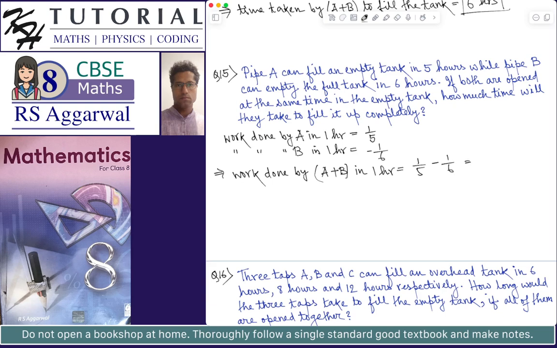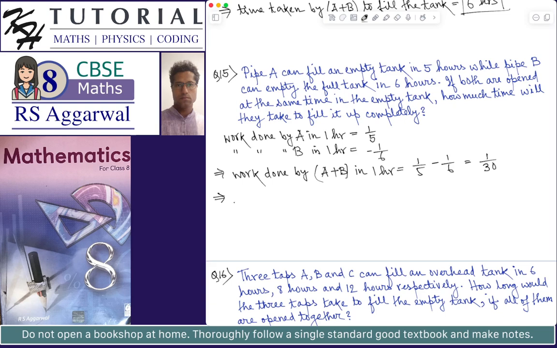This is equal to 1 by 30. Since 1 by 30 is positive, definitely we can say that water is being filled up in the tank per hour. Okay, so now if we know that in 1 hour the work done is 1 by 30, which is positive, we can say that in 30 hours the whole tank will be filled up.